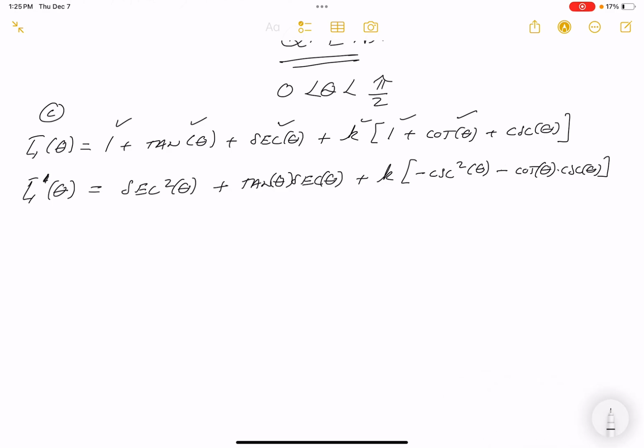All right, so I'm going to look back at the question again. You were given that as theta varies, L has a minimum value. But my analysis for length is going to be on the interval between 0 and pi over 2. So really what I'm looking to do is maybe simplify this a little bit. It's going to be secant squared plus tan secant.